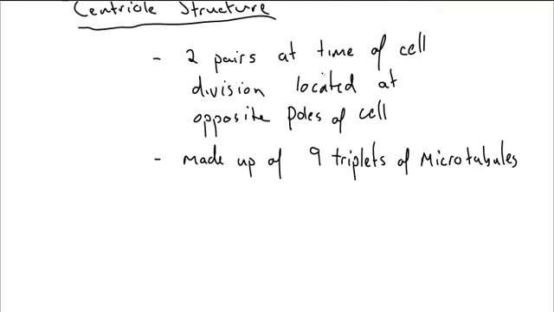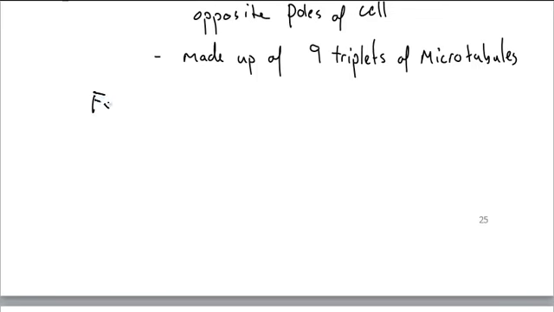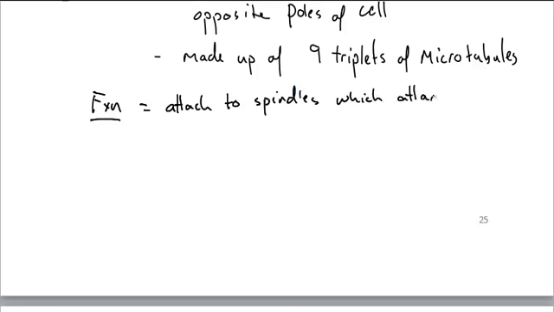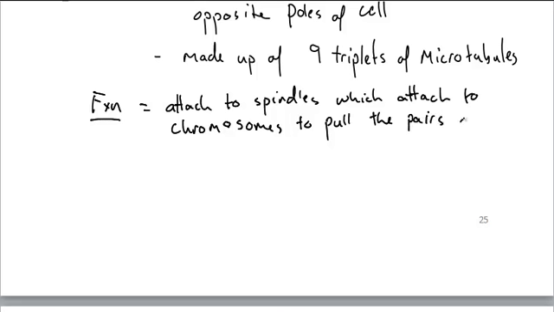Function-wise, they attach to spindles, which attach to chromosomes, to pull the pairs of chromosomes apart during cell division.